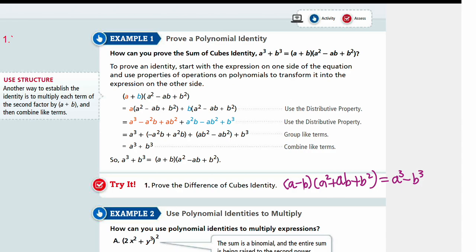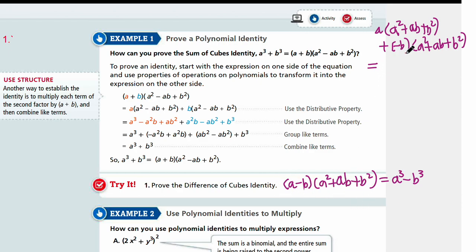Okay, are you ready? Alright, so we're going to multiply this out, right? So a times (a squared plus ab plus b squared) plus negative b times (a squared plus ab plus b squared) should be the same as the difference of cubes.